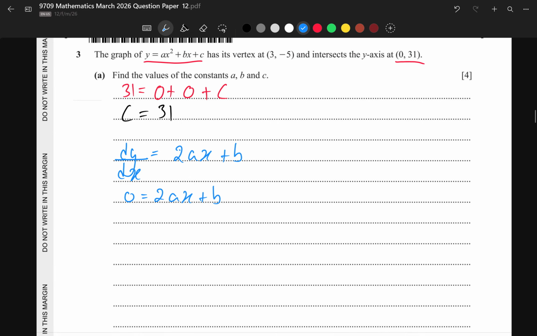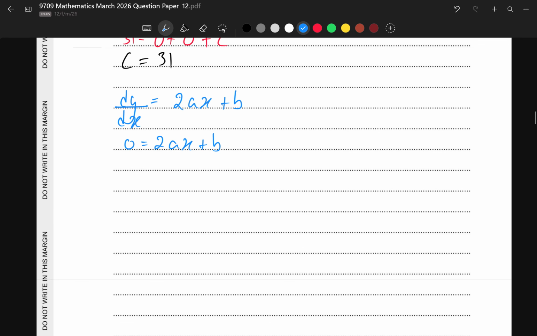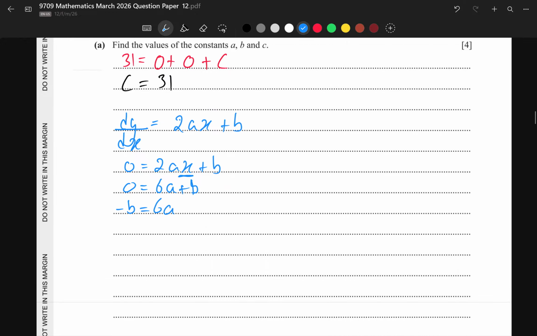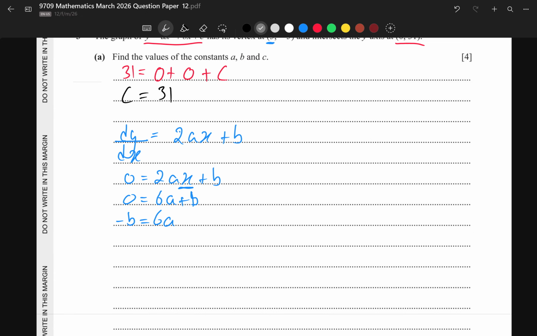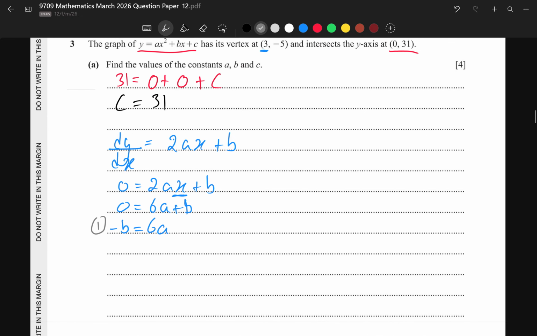Now we know that the x coordinate is 3, so we can put 3 in place of x, and we'll get 0 is equal to 6a plus b. Now we can move the b to the other side, and we'll get negative b is equal to 6a. Here we have got our first equation.